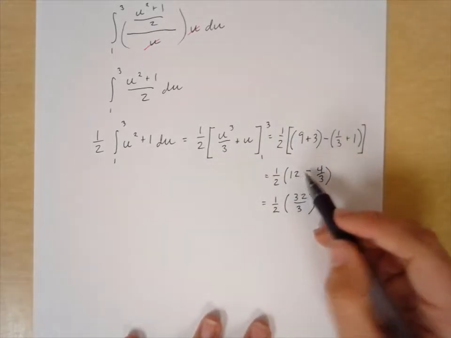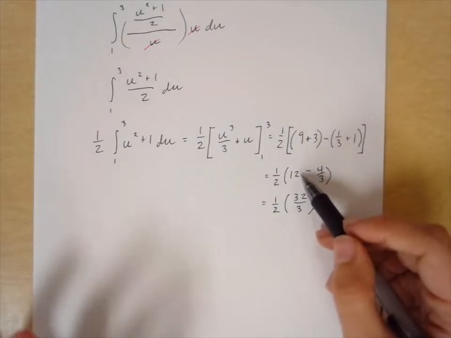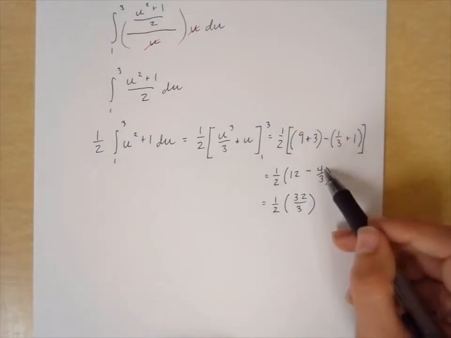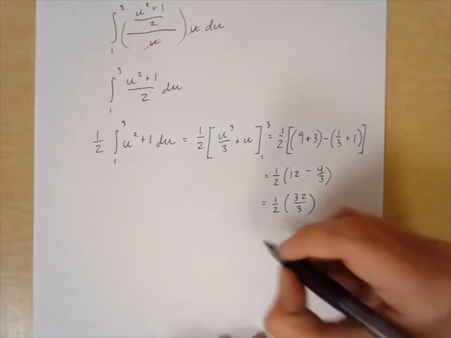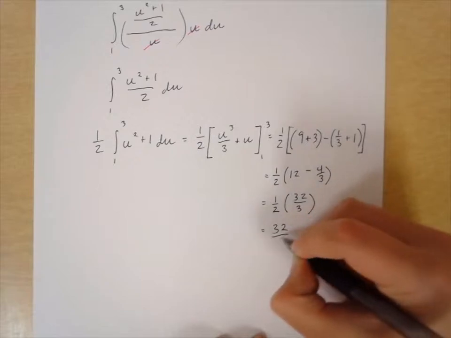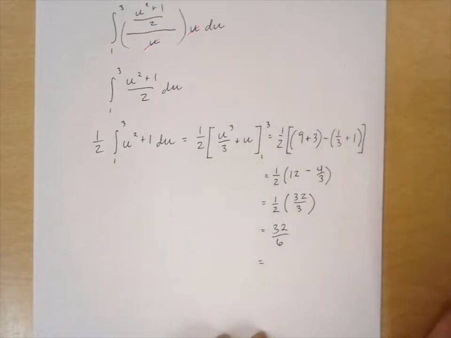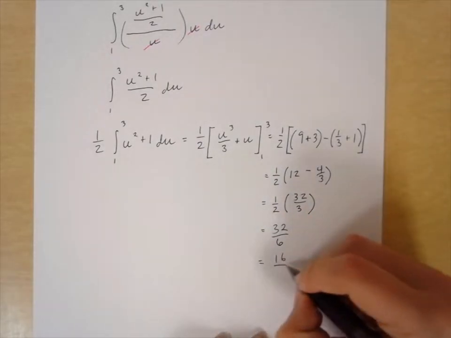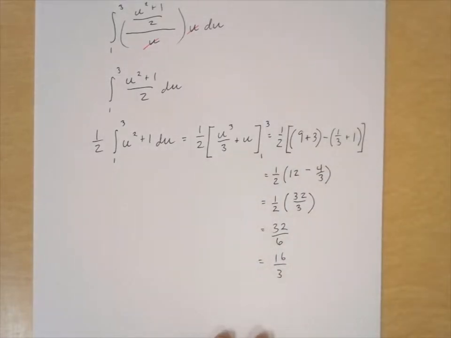Right, because 12 as a fraction over 3 is actually 36, and 36 minus 4 would be 32 over 3. And when I multiply by my denominators, I get 32 over 6. When I reduce that fraction, I get 16 over 3, and that is evaluated. That's as far as we can go.